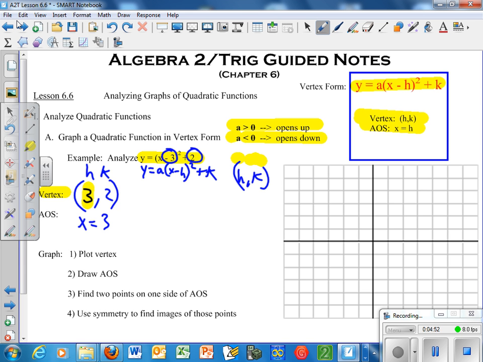If we're going to graph this, let's write down some more information here. Because now there is nothing out in front of the parentheses, that actually means that a would equal 1. If there's no number out in front, a is equal to 1. So that is the same shape as y equals x squared, and it's a positive one, so positive x squared, those two graphs I just looked at.